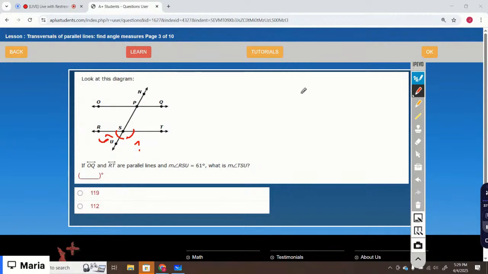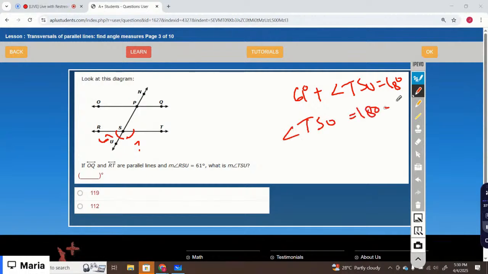So 61 degrees plus angle TSU together make 180. So just subtract 61 from the other side. That is 119. Option number one is the correct option.